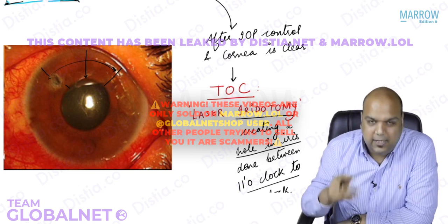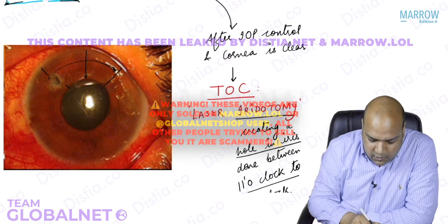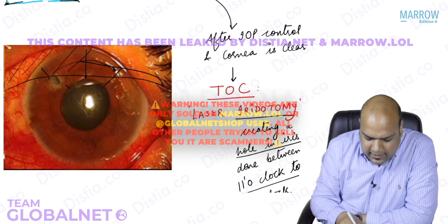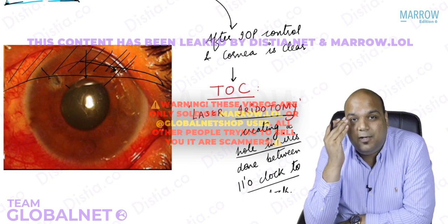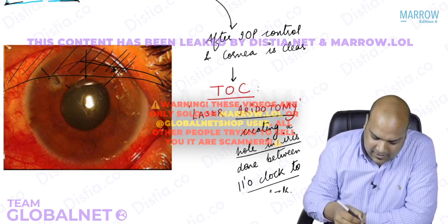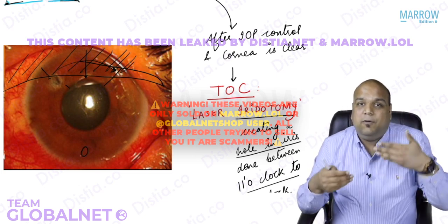Because normally, here see, to click the photograph, we have lifted the upper eyelid up. But normally we know that the upper part of the cornea is covered by the iris. So even though we have created a hole, this will not be a hole through which light will be able to go inside. Had we created a hole, everybody, at 6 o'clock, the problem would still have been solved.